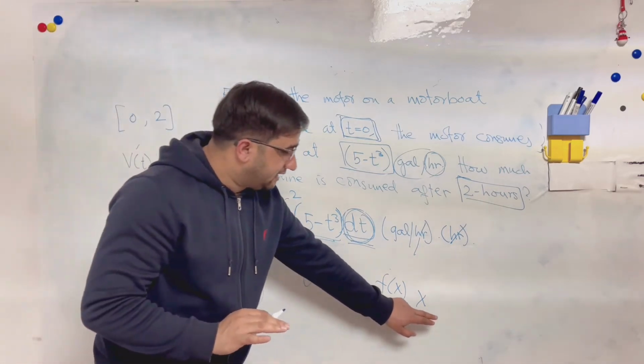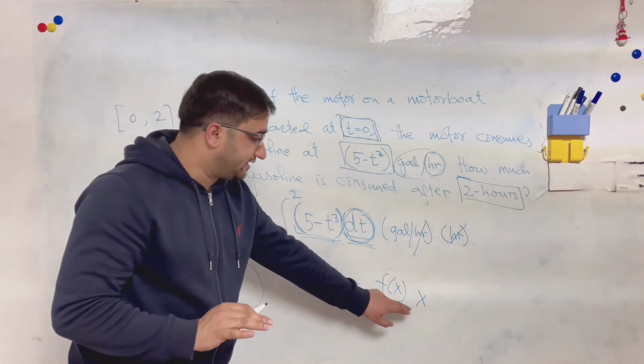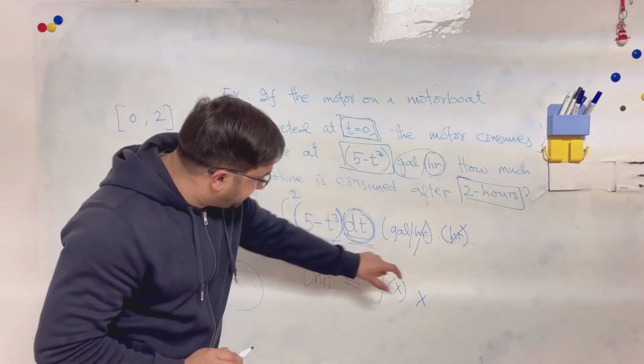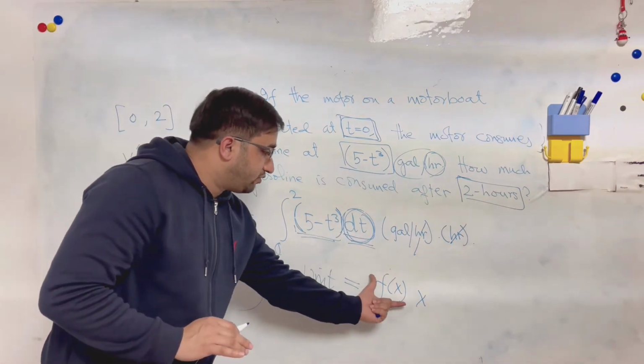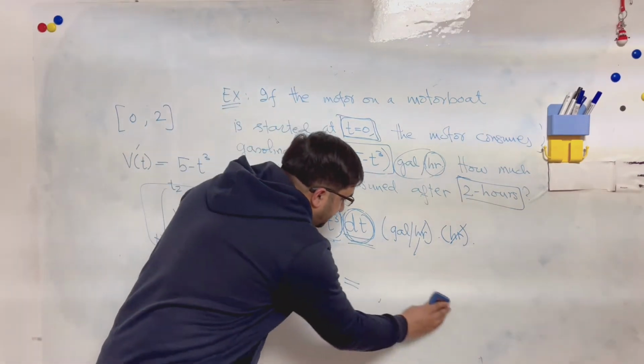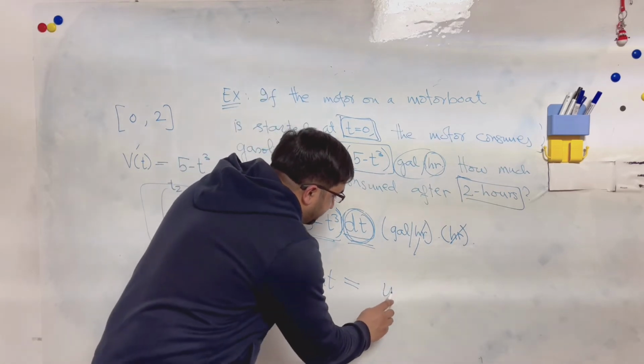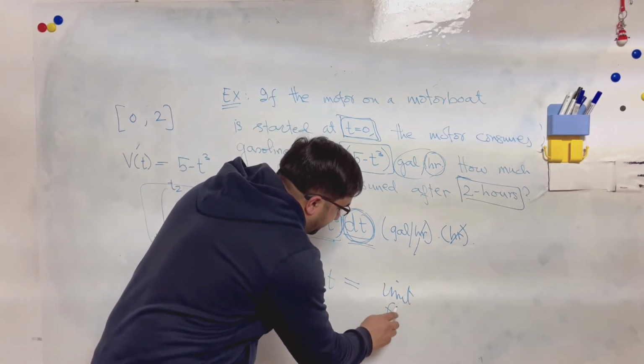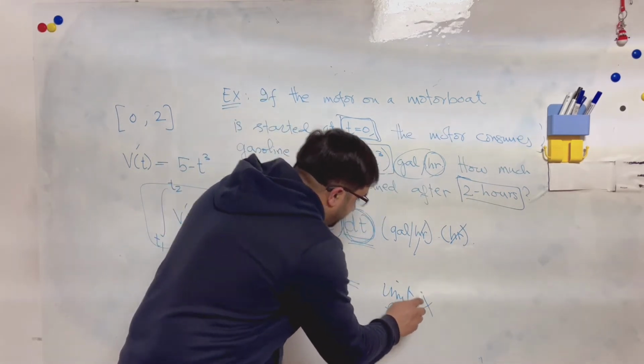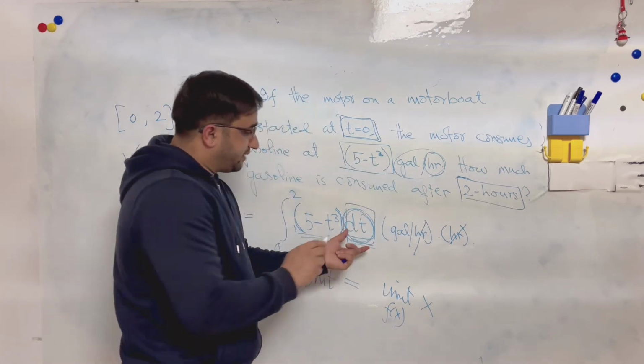The rule is how you finally decide the unit. What is the unit of the function? Put that unit here instead of f of x. The first unit is the unit of f of x. Multiply this unit with the unit of displacement.